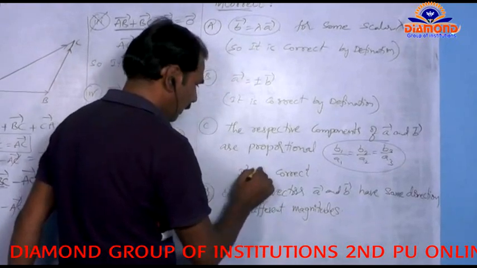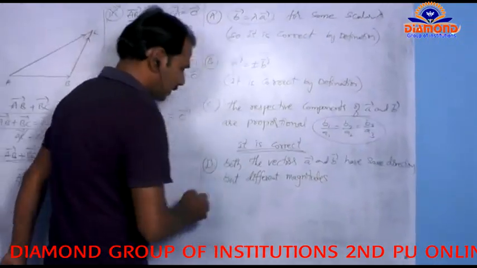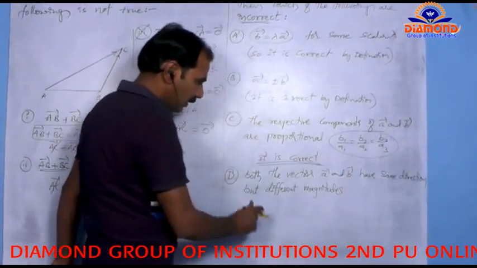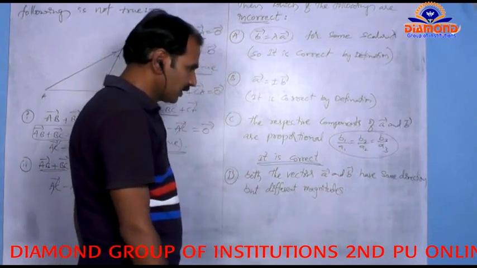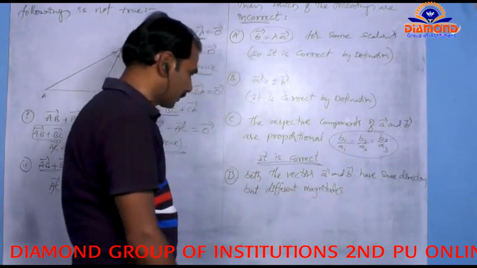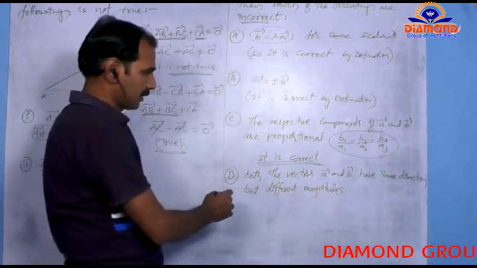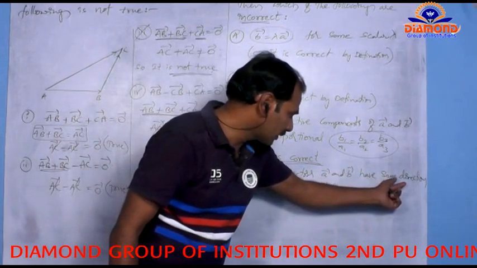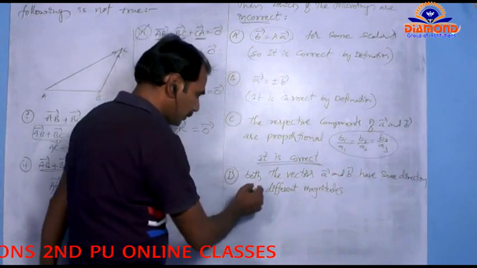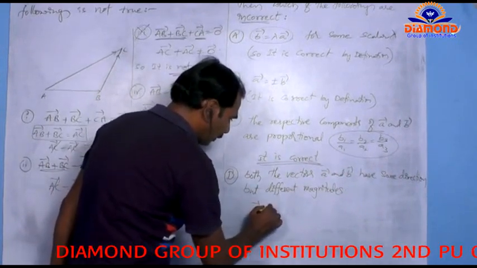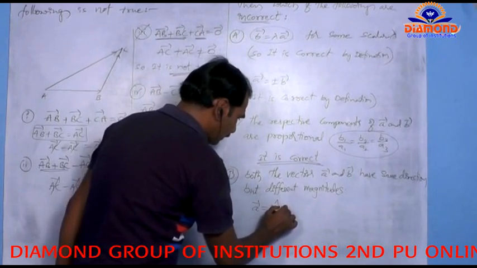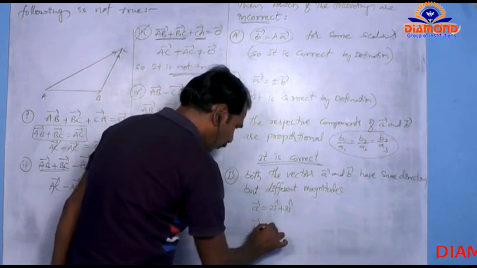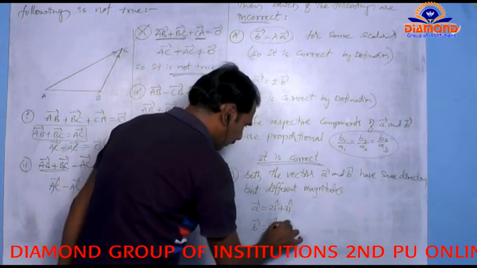Next, both vectors A bar and B bar have the same direction but different magnitudes. For example, A bar equals 2i cap plus 3j cap and B bar equals 4i cap plus 6j cap.